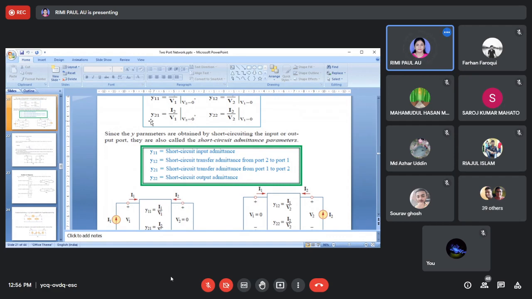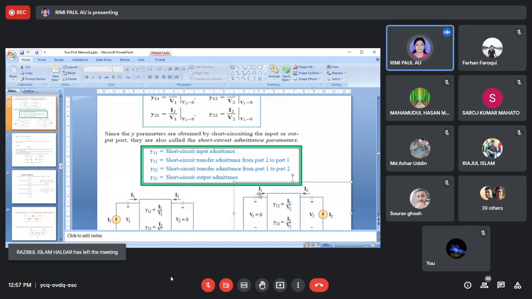Next, this is also a transfer admittance. Previously it was transfer impedance, now it is a transfer admittance. Next is y22, because in this circuit we have got V2 and I2. So I2 by V2, 22, we are getting y22. The current ratio is taken, current by voltage, that's why we are taking admittance I2 by V2.